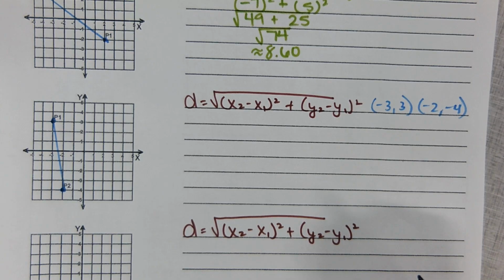Try it, see how many steps you can get through on your own. I'm going to freeze it and then we'll compare in a second. So you're going to label your points. And then plug your numbers into it.